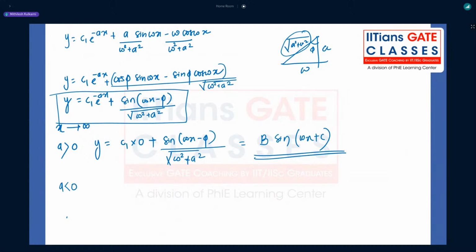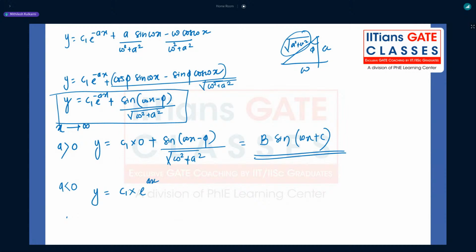Let's look into the solution of it. y is equal to c1 into e to the power ax, because x is tending to infinity, we will consider it in the next step.